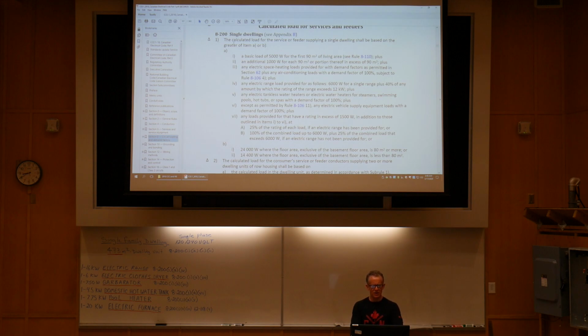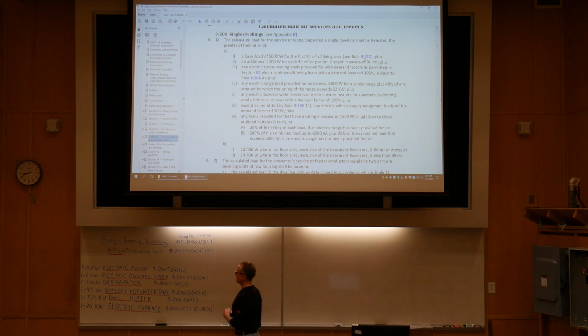So if we start here and we look, 8-200 1AI, a basic load of 5,000 watts for the first 90 meters squared of living area, plus an additional 1,000 watts for each 90 meters squared, or portion thereof, in excess of 90 meters squared. The quote here that you see in italics, see Rule 8-110, is the determination of areas.